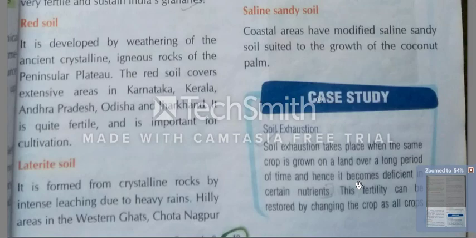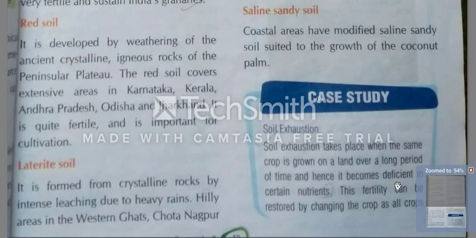The nutrients become small. Deficient means small. Kam ho jana, lack. There will be a lacking of nutrients. Okay. Deficient means lacking. L-A-C-K-I-N-G. Kam, adhura. Okay.